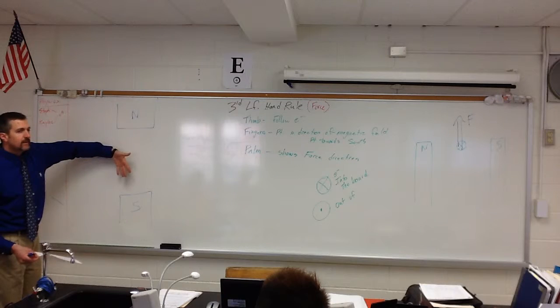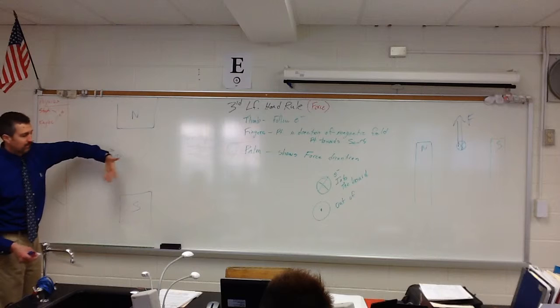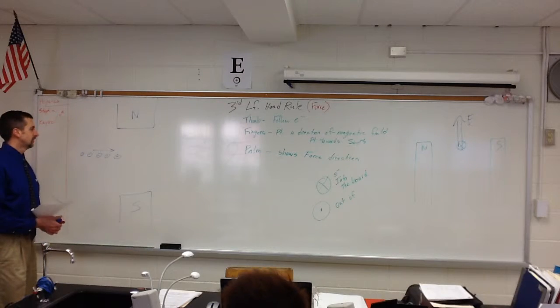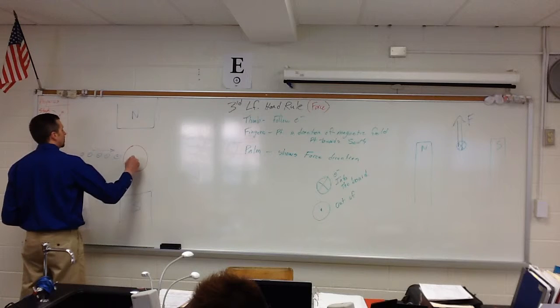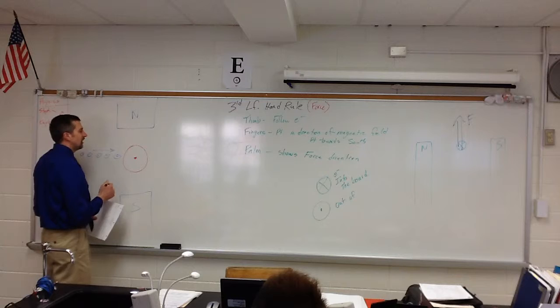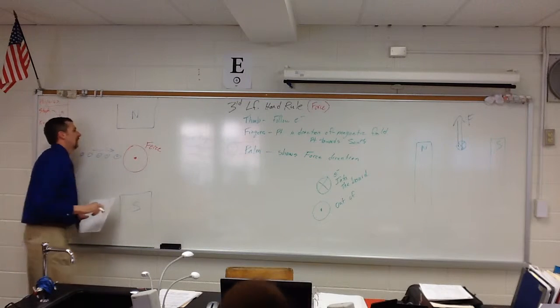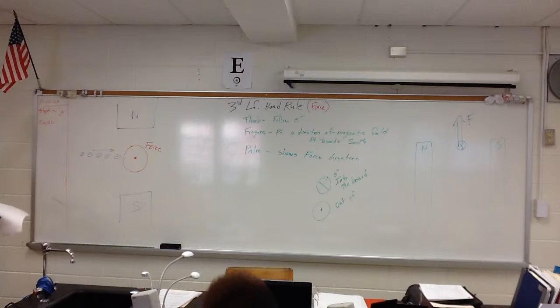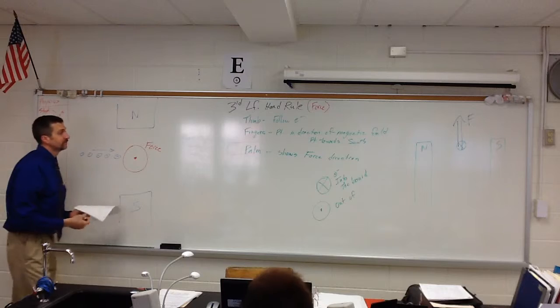So this beam is going to experience a force which way? Out. And how do I draw that? Circle. I'll draw it real big like that. So these are going to get pushed out. And to be clear, I might want to label it force or put an F to show that the red mark that I just drew on the board indicates the force pushing out.